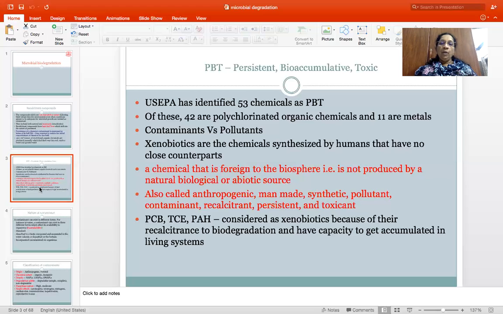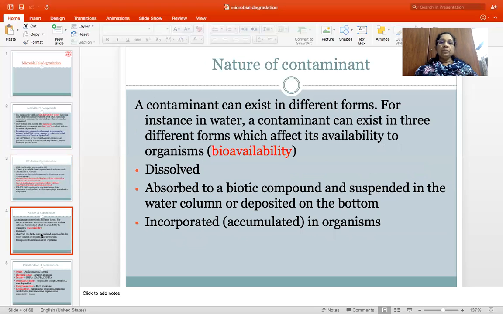For example, polychlorinated biphenyls, trichloroethylene, polycyclic aromatic hydrocarbons. These are certain man-made synthetic compounds. They are considered xenobiotics because of their recalcitrance. They resist biodegradation, and because of the recalcitrance, they persist and get accumulated in living systems.